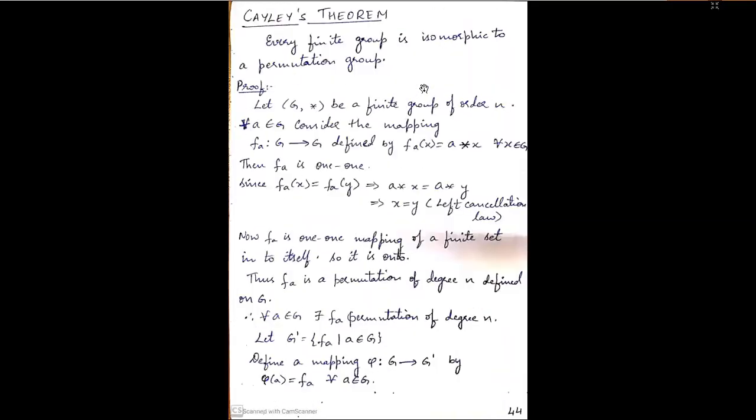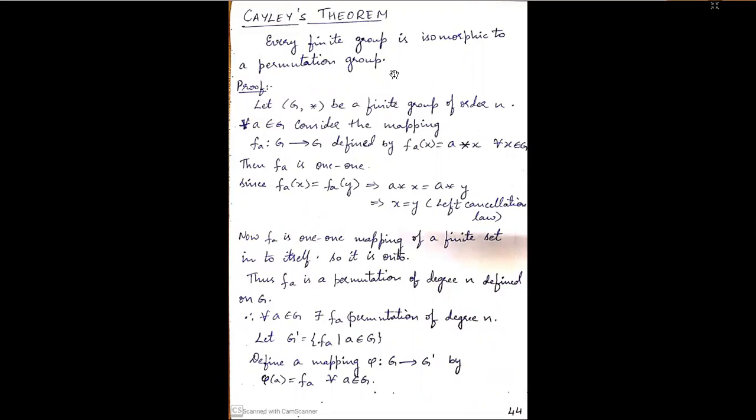And you would have got a doubt saying every finite group is isomorphic to a permutation group, but Z6 is not isomorphic to S3. But Z6 will be isomorphic to some subgroup of a permutation group. That is what Cayley's theorem says.